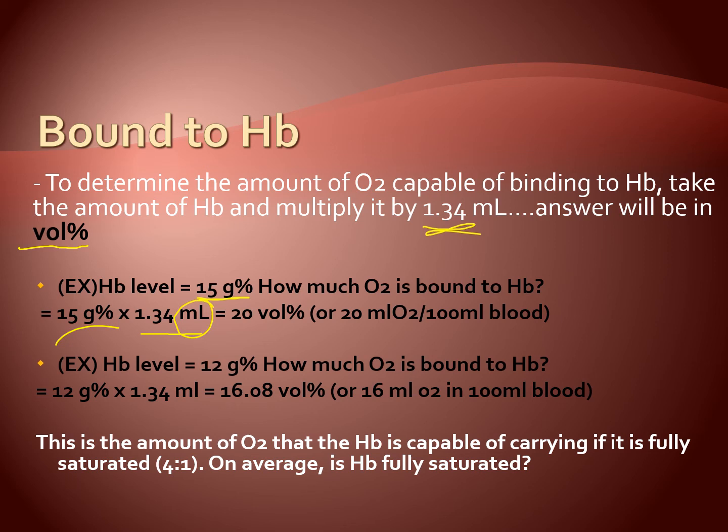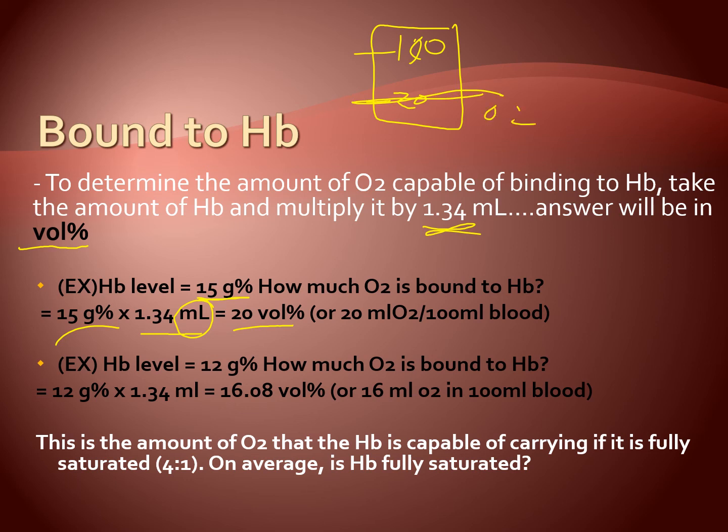The milliliters of volume. So if I take 15 times 1.34, I should get roughly around 20 volumes percent, which means if I had this 100 ml beaker of blood, if I drew a blood sample that was 100 mLs, 20 milliliters of it would be oxygen.